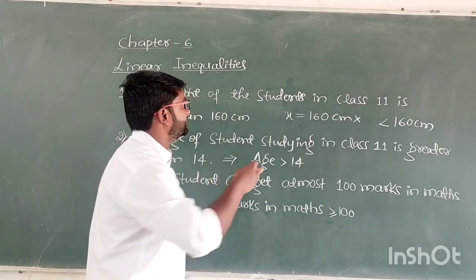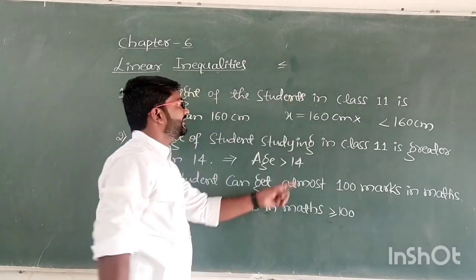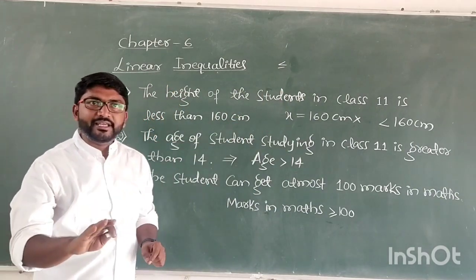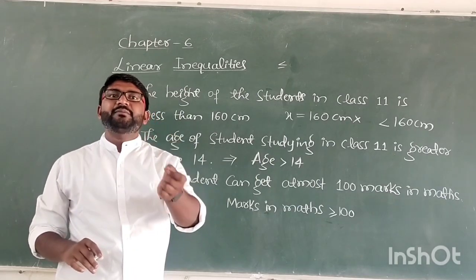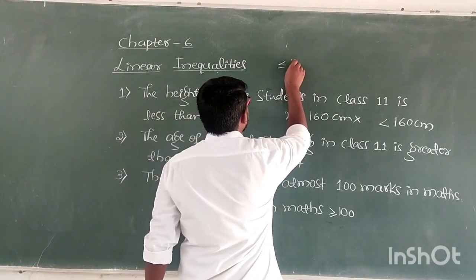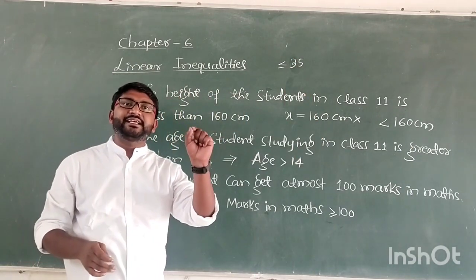Similarly, we can give another example for less than or equal to. So here for less than or equal to, the example can be the student should get at least 35 marks in annual exam in the subject of mathematics. So in math, the student must get at least 35 marks. At least means it is less than or equal to.